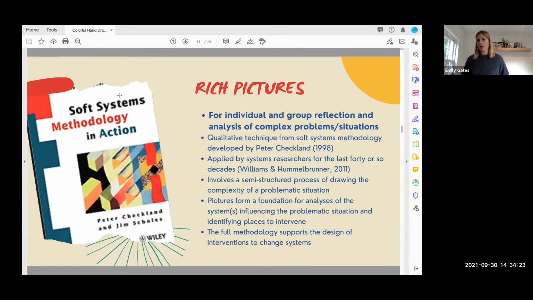And then from there, we can start to identify, what does this mean for what we might do? The full methodology, if you were to do it, then does look at different systems and ultimately, what is a system that you could try to influence or redesign? And so we're just doing this very early part of the rich pictures.